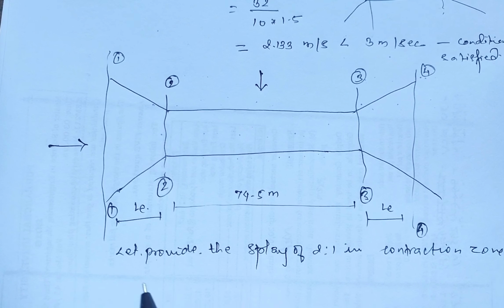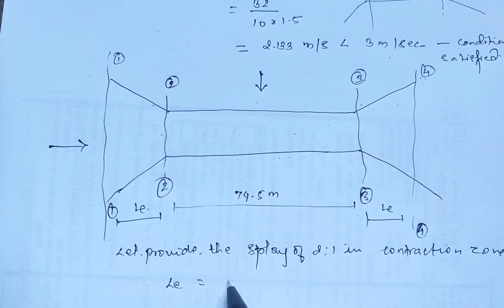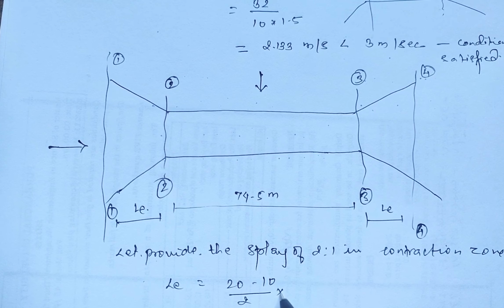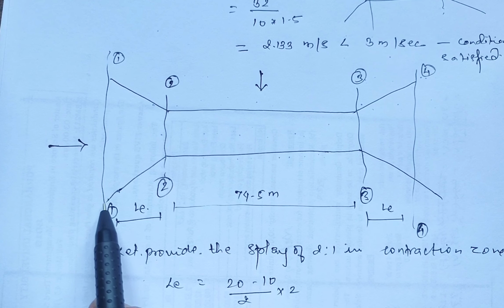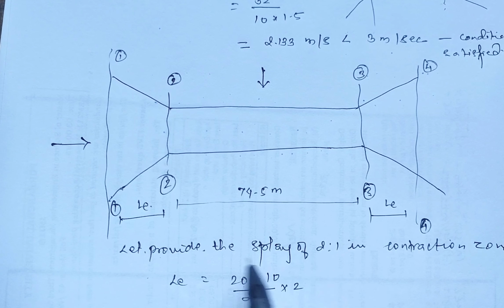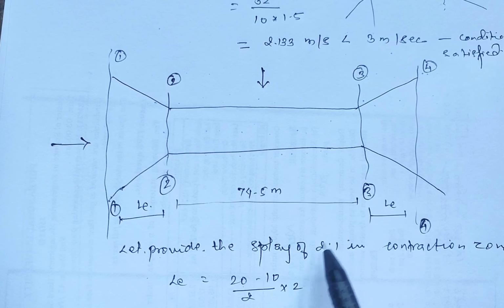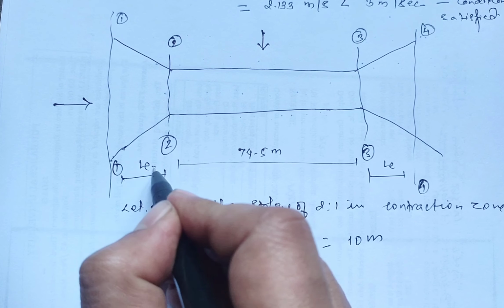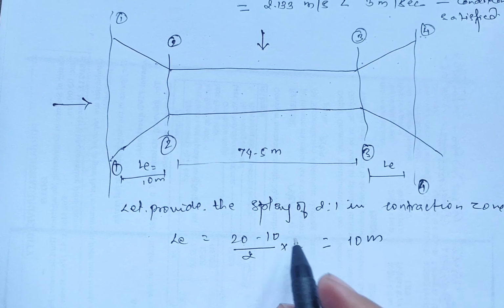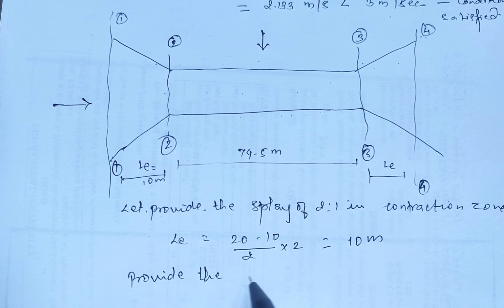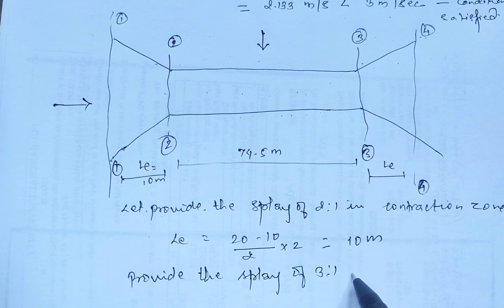So the length of contraction is 20 minus 10 divided by 2 times 1, as the width is reduced from 20 to 10 and the splay is considered as 2:1. So this will be 10 meter. And similarly, we provide a splay of 3:1 in the expansion zone.